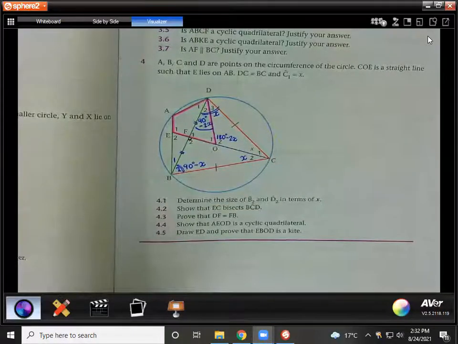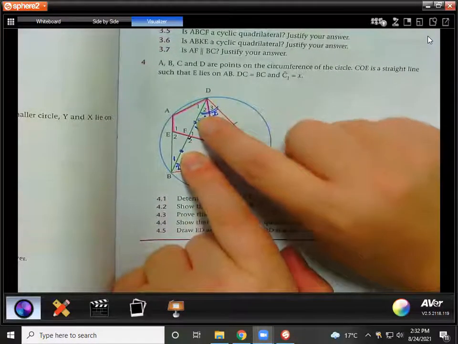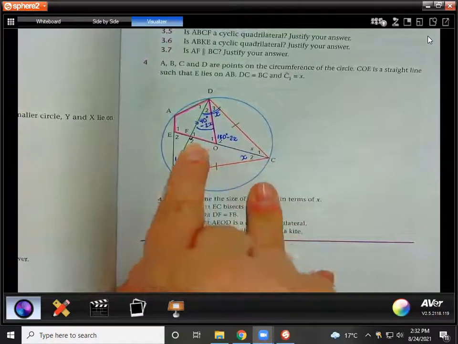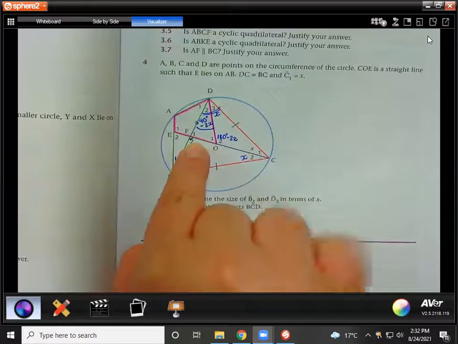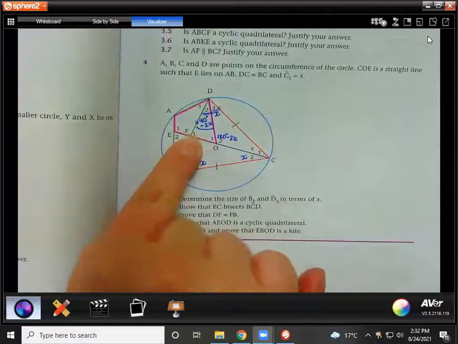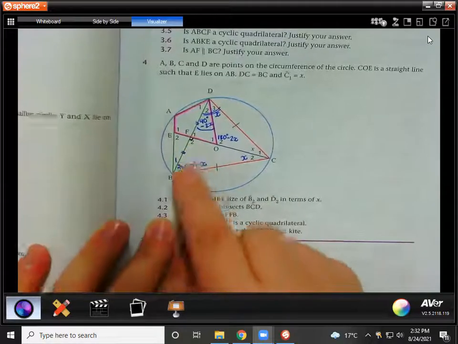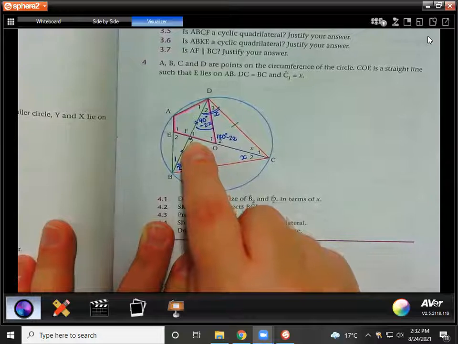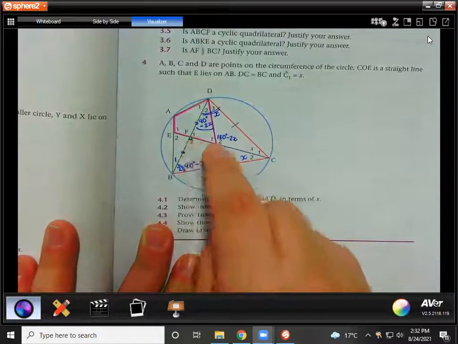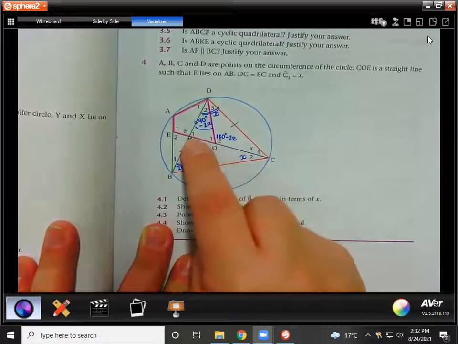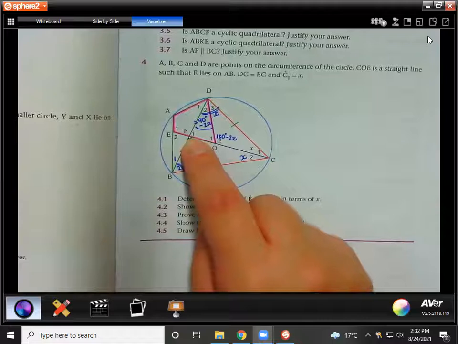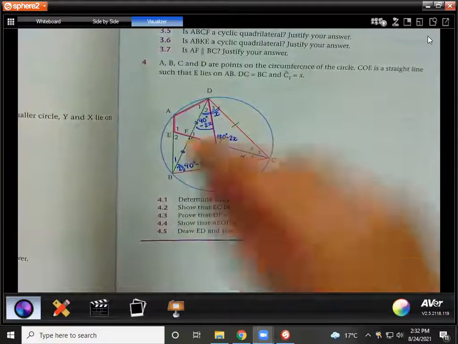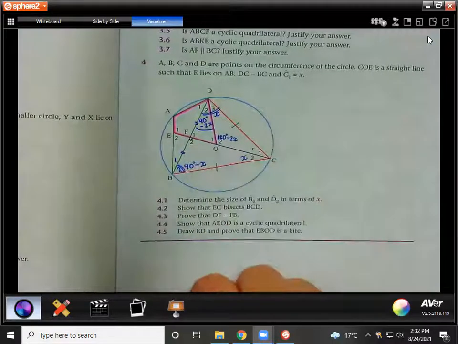It's a bit difficult. So here, what we need to do is prove that F2, that's the one that I worked with, or we could have worked with F1, all right? But my working is F2, so let's go with that. If we can prove that F2 is a 90-degree angle, then that means that OF is perpendicular to this chord, and according to theorem 1, it will then bisect the chord, it will cut it in half, which means that DF will be equal to FB.